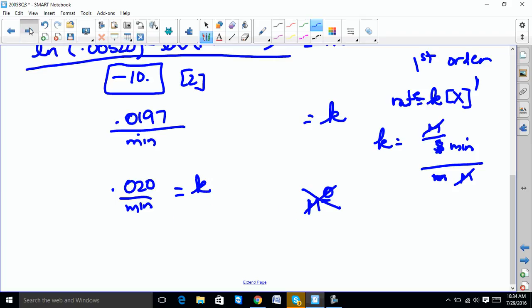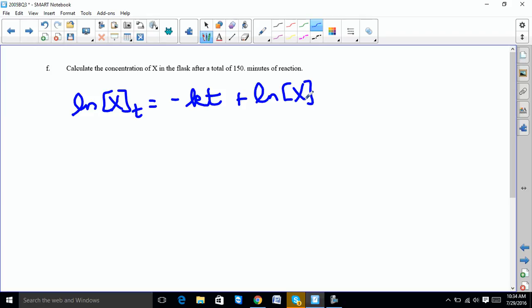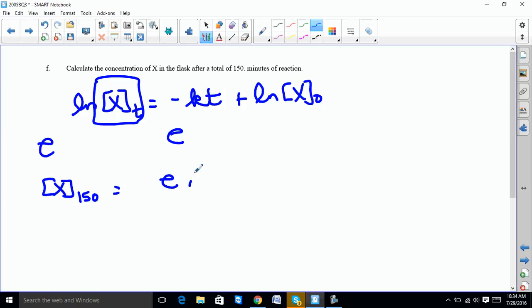And then this is probably the second hardest part. What's the concentration after 150 minutes? So the natural log of x equals negative kt plus the ln of x sub 0. If I want to solve this for this, I would take e to both sides. So basically, the concentration of x at the time 150 is e to the negative kt plus the ln of the initial concentration.